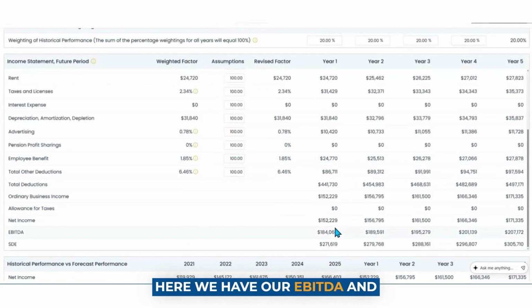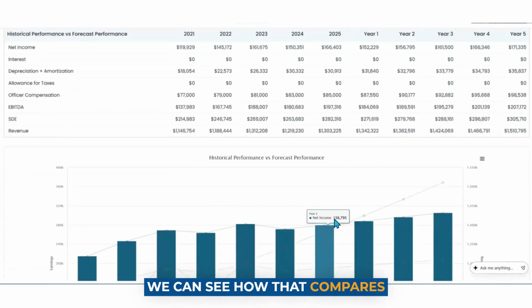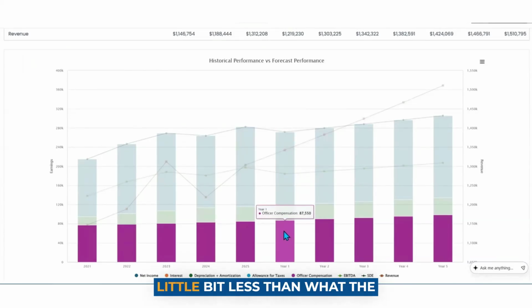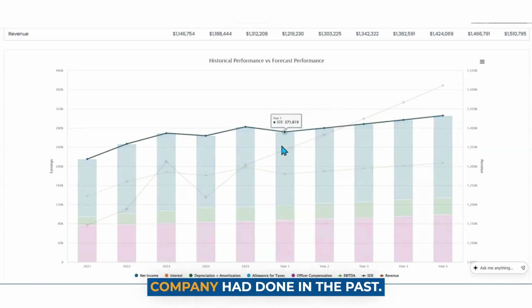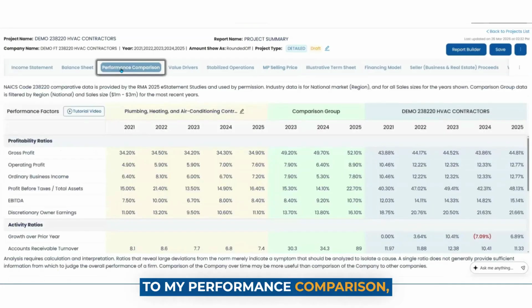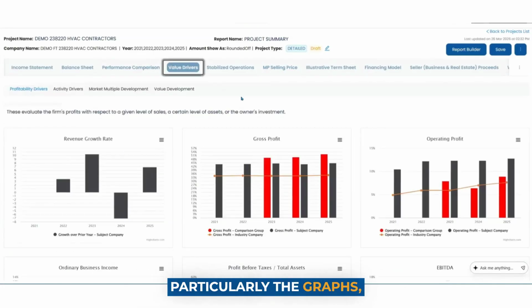Here we have our EBITDA and seller discretionary earnings. We can see how that compares to the past. And here you can see that in year one, in this particular case, I was very conservative. I projected a performance a little bit less than what the company had done in the past. So it's conservative.